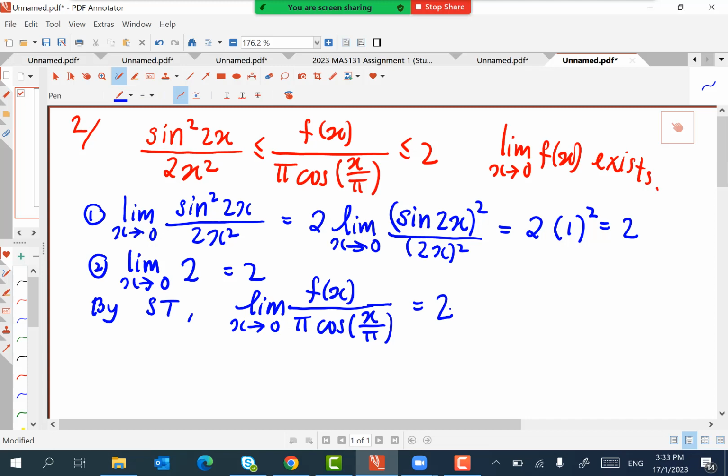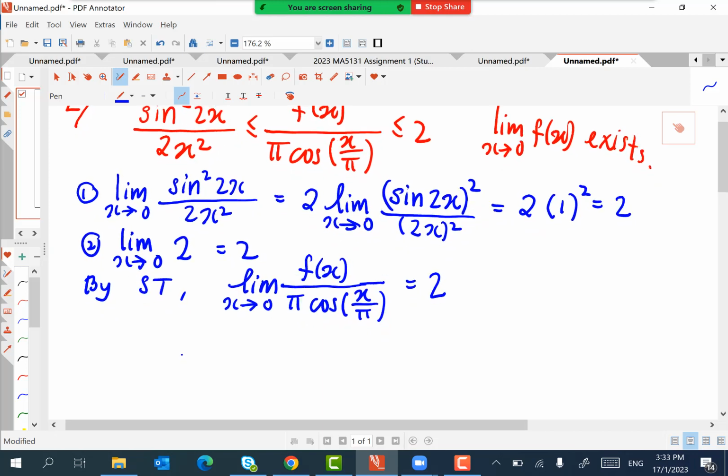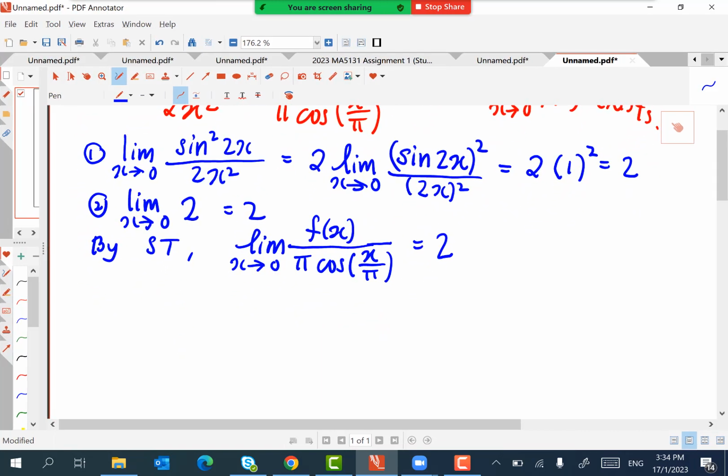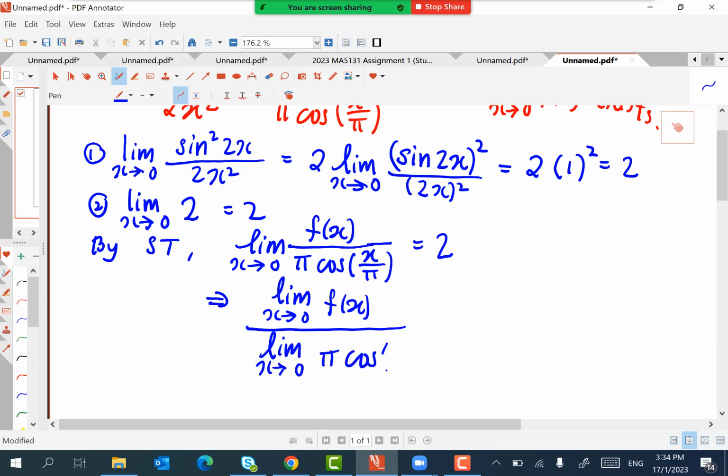But what the question wants to find is actually the limit of function f(x). Then you can say that from here, limit as x goes to 0, because both limits exist, I can write this as like that, provided the denominator does not go to 0, see?